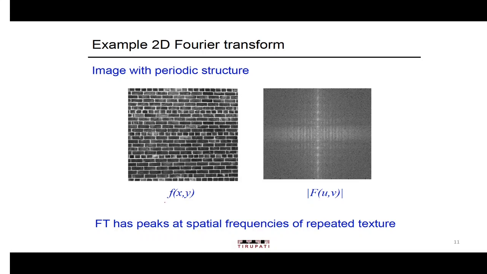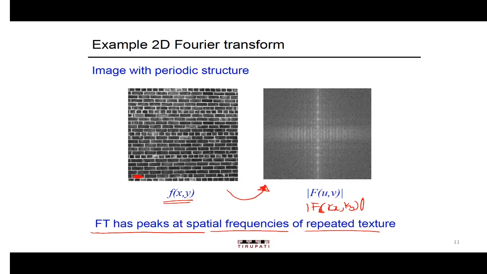Assume that in your image you have certain periodicity. You could see the texture of this brick getting repeated over the entire image. If you look at the magnitude spectrum, it has peaks at the spatial frequencies of the repeated texture: the fundamental frequency and higher order frequencies at all those points.